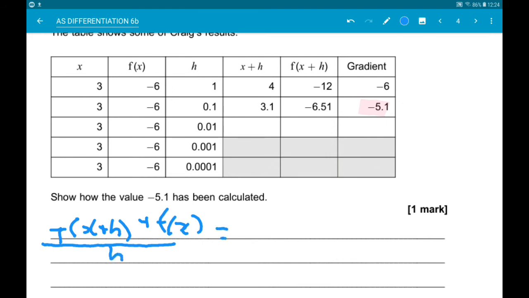So he's done minus 6.51 minus 6, so add 6, all over 0.1. And that does indeed give us minus 5.1.